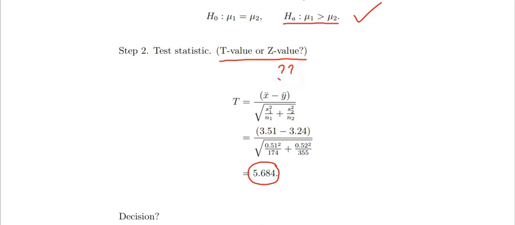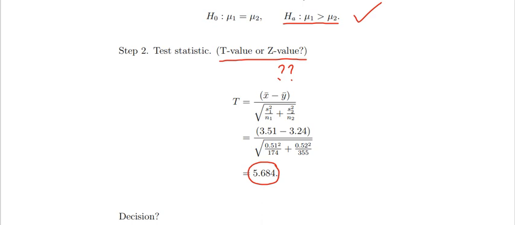Logically this should be a t value, but here z or t doesn't matter because the sample size is quite big, so we can also use the z value.